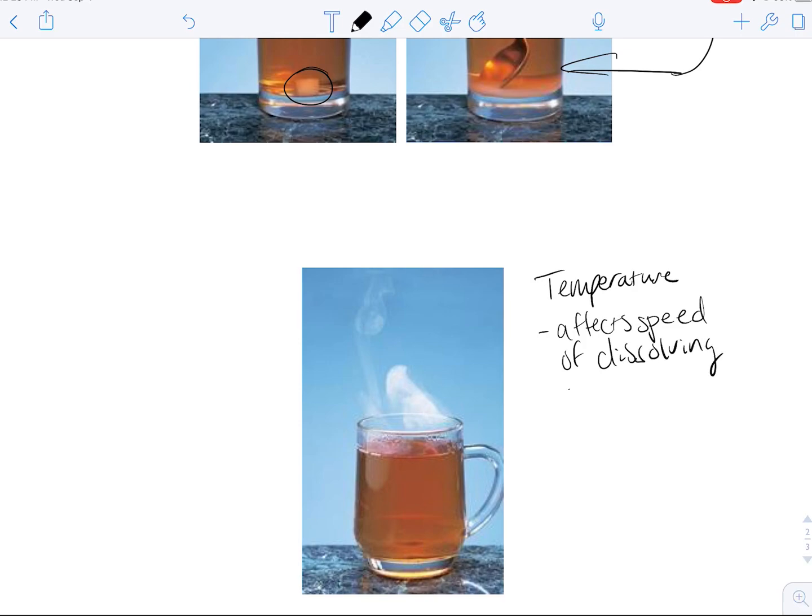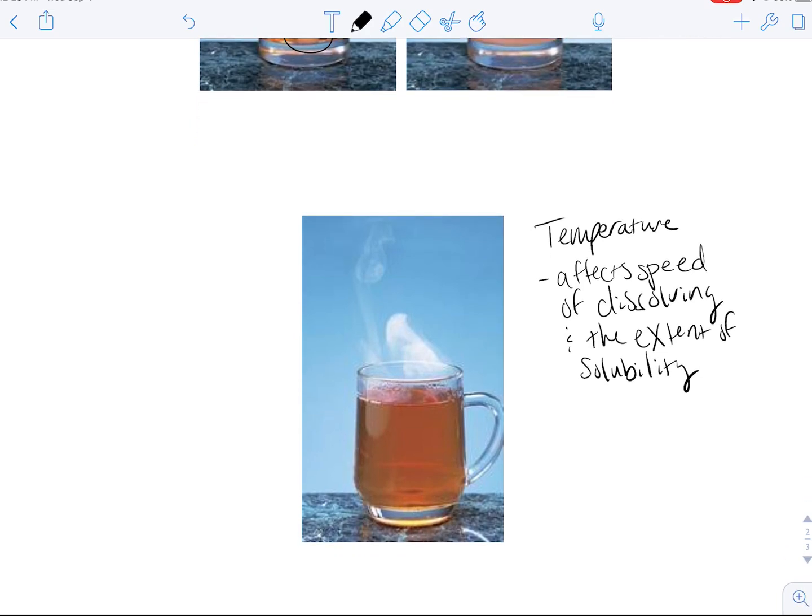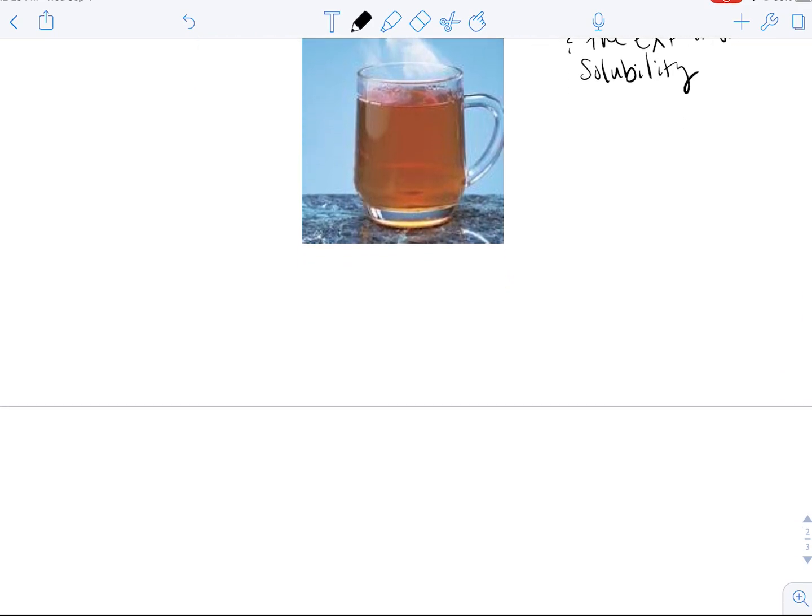So we're going to affect the speed of dissolving and the extent of solubility. With temperature, we can either talk about solid solute in liquid solvent or gas solute in liquid solvent, so we'll look at both of those in terms of the type of substance.